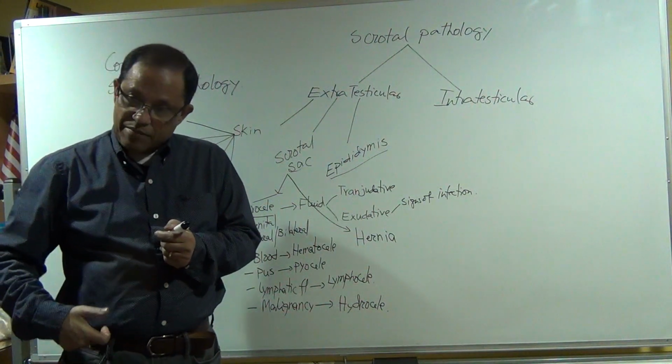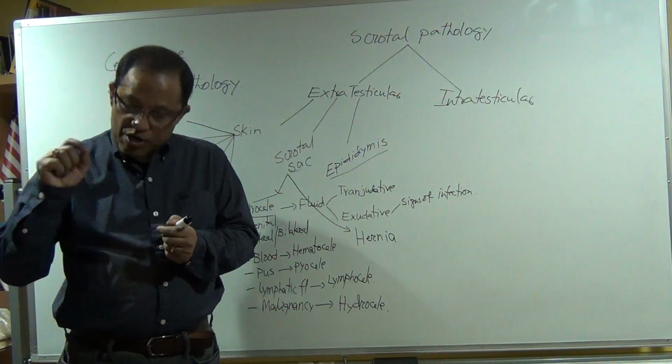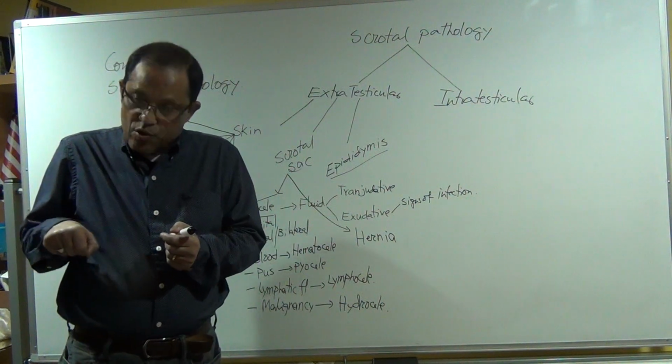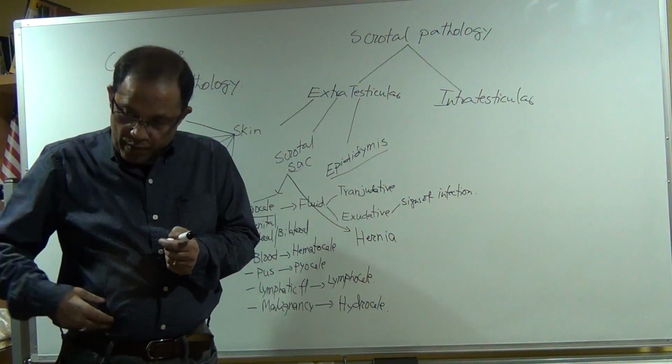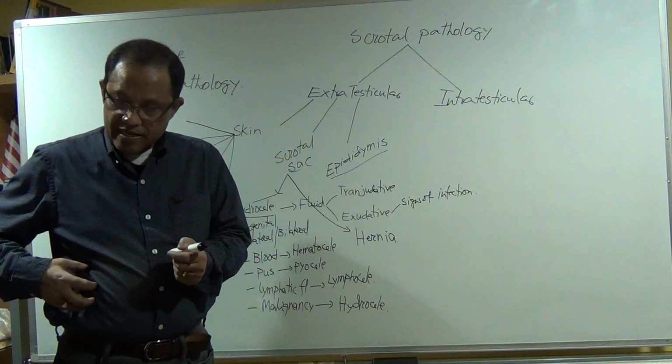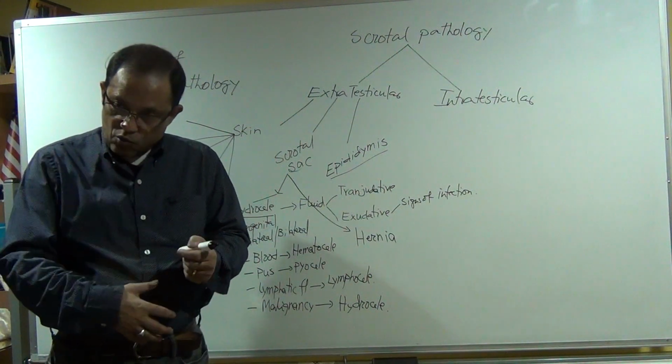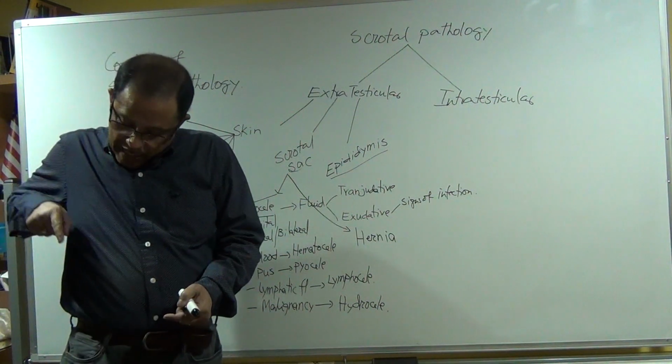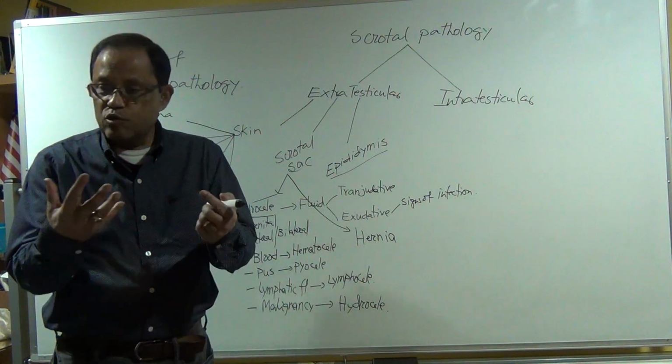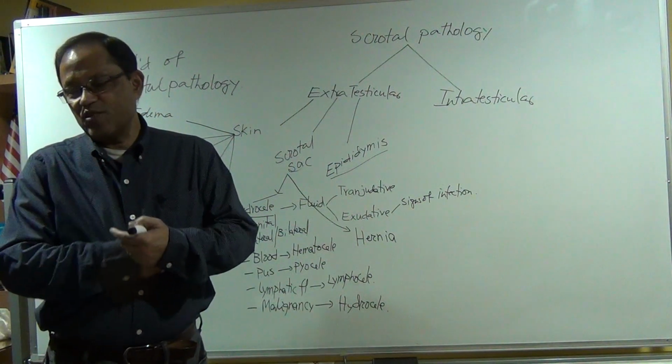The inguinal canal communicates from the pelvic cavity to the scrotum, right? So now, through the inguinal canal, if the omentum, the fat layer, the mesentery, omentum and coils of intestine are passing through that inguinal canal and go into the scrotum, it is called inguinal hernia.